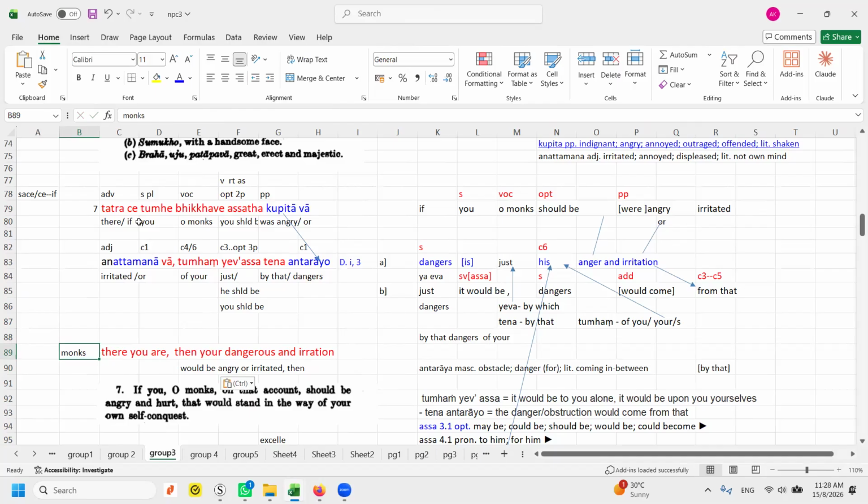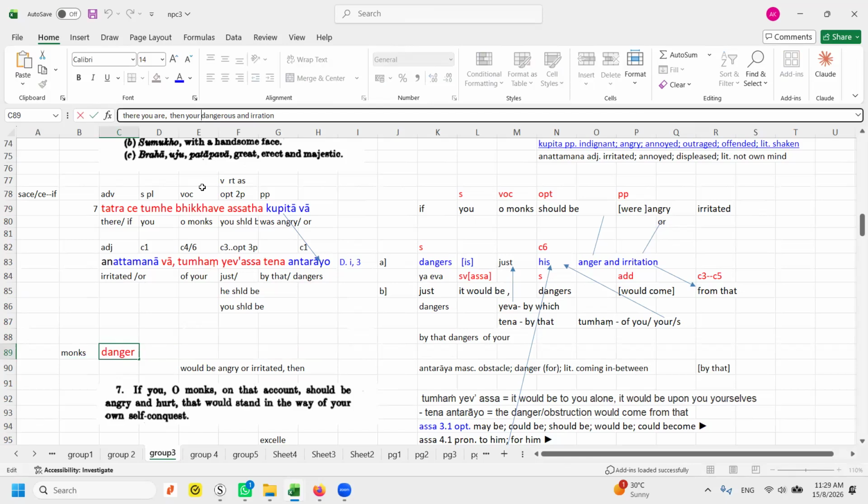Monks, there you are. Let's see, monks, there you are. Your irritation and your, in this case, if you use the word irritation, I don't want to use this, annoyance and irritation.